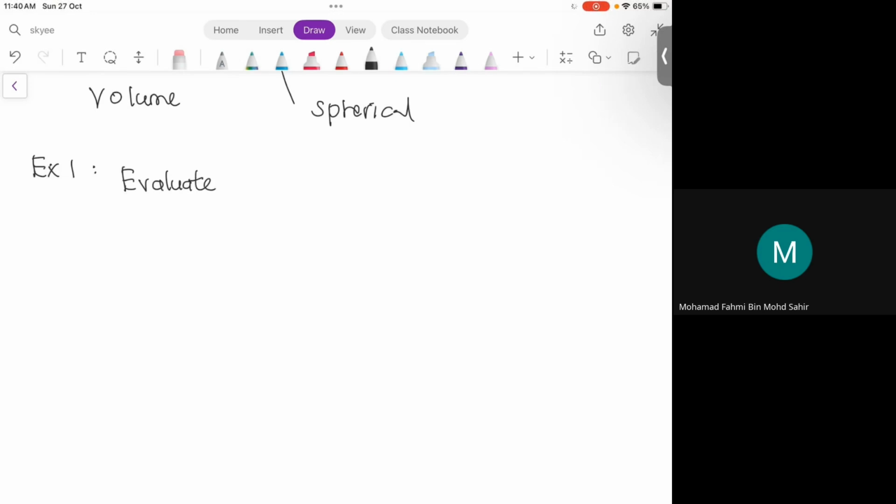Evaluate this: integrate 1 to 3, integrate 0 to pi over 4, 2x secant squared y dy dx. Have you downloaded the copy? Okay, we are going to start now.